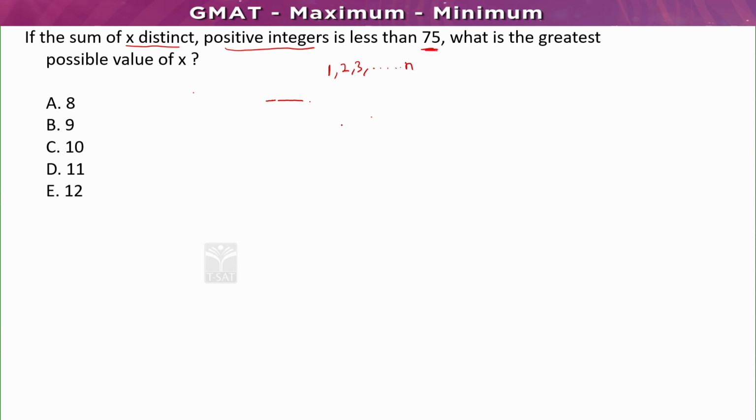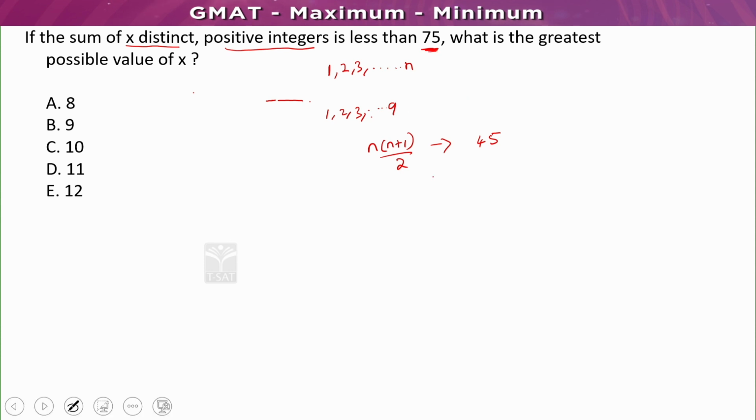So let us see what is 1 plus 2 plus 3 and so on. Let us take a random number, say we check up till 9. The sum of n consecutive positive integers is given as n into n plus 1 by 2. If it is 9, it becomes 9 into 10 divided by 2, which is 45. 45 is way less than 75.